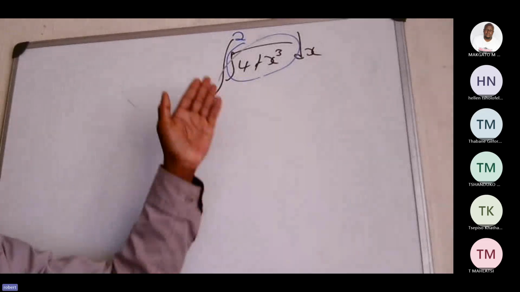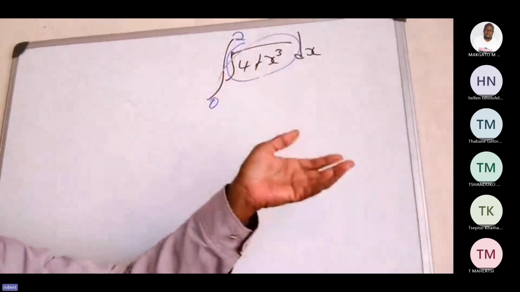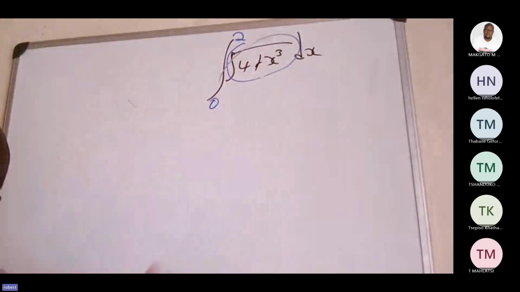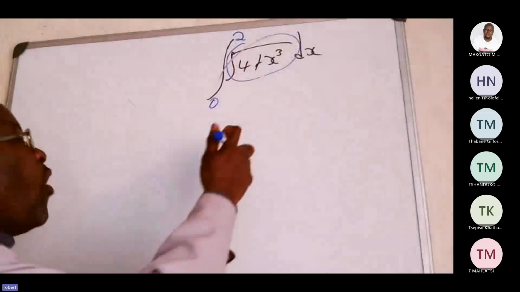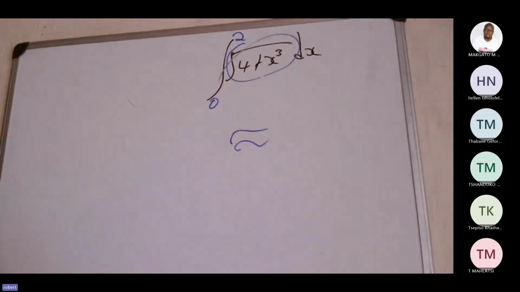Although we cannot find the exact area, we can at least approximate it. That is to say, it will be more or less, approximately equal with this symbol. Hopefully that makes sense.